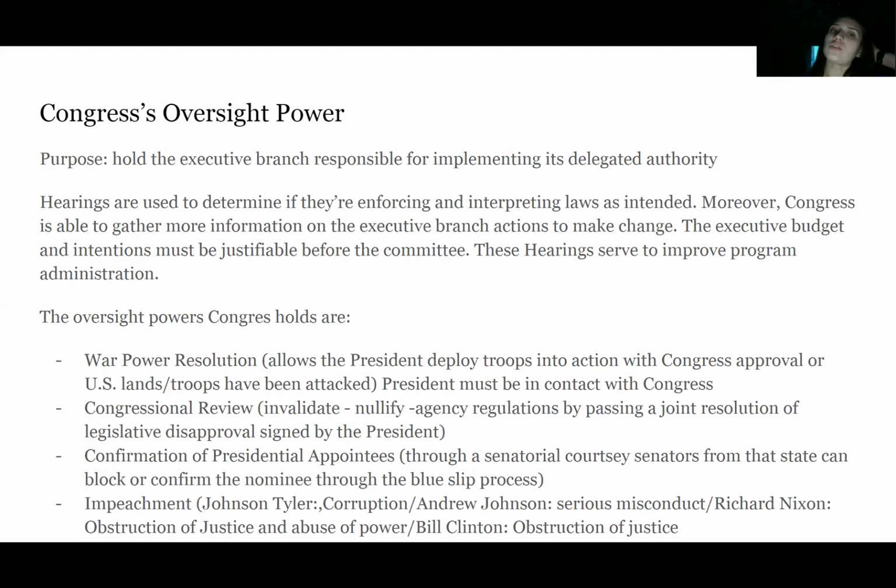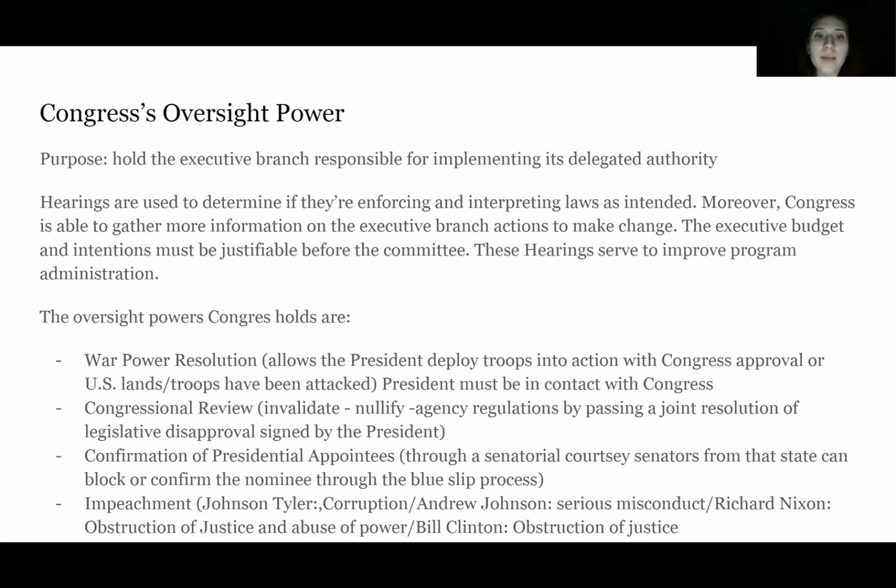War power resolution, which allows the president to deploy troops into action with congressional approval, or he can send them off without congressional approval if we are being directly attacked, whether that be on territories, troops are being directly attacked, or the U.S. country is being attacked. However, the president needs to be in contact with Congress. Congress needs to be aware of what is happening.